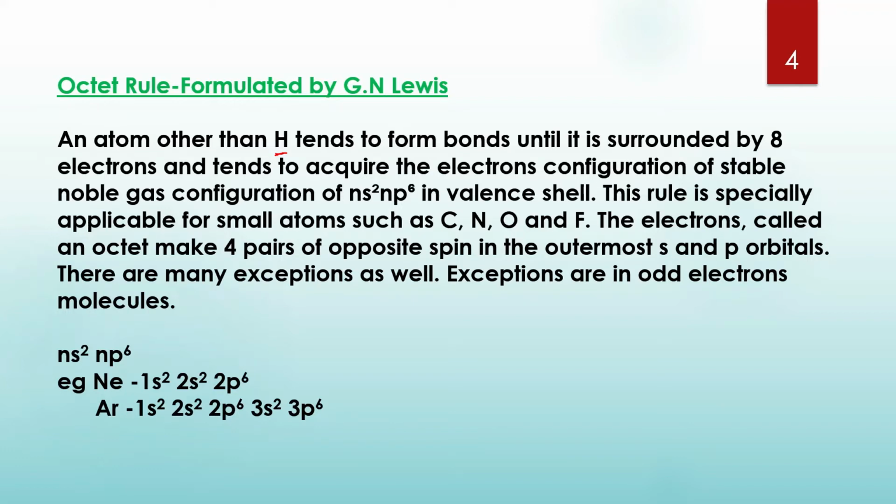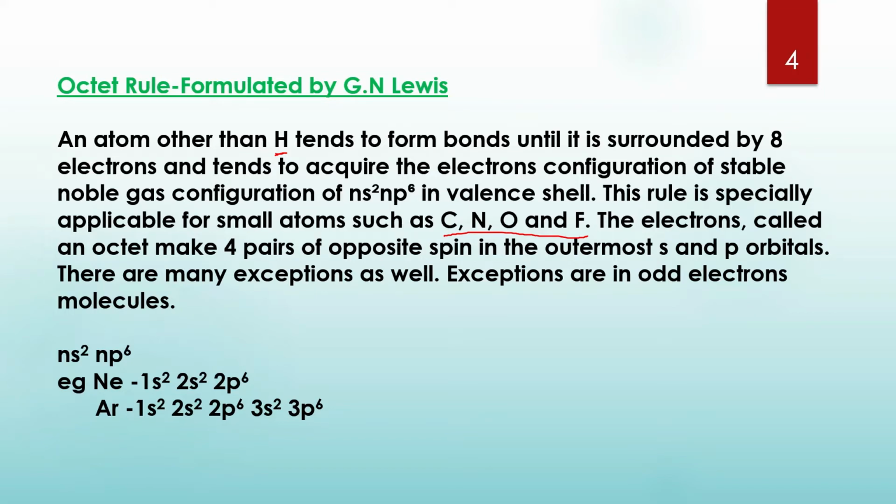These are the 8 electrons that all the other atoms also tend to acquire. This rule is especially applicable for small atoms such as carbon, nitrogen, oxygen, and fluorine. The electrons, called an octet, make 4 pairs of opposite spin in the outermost s and p orbitals.